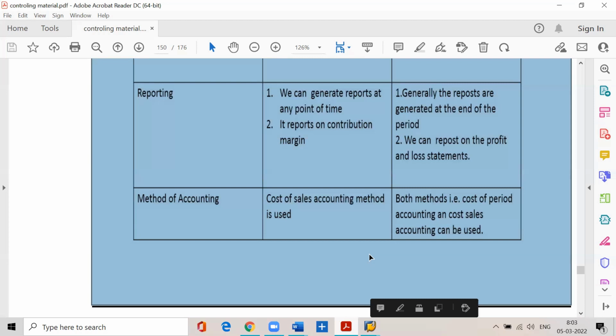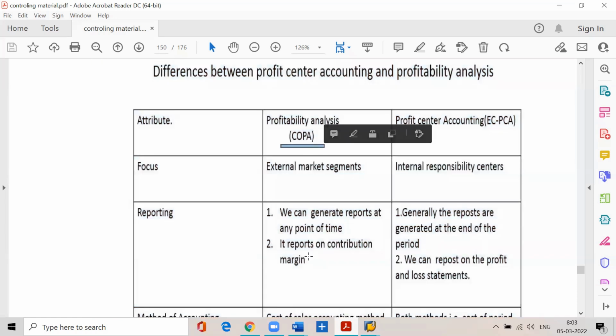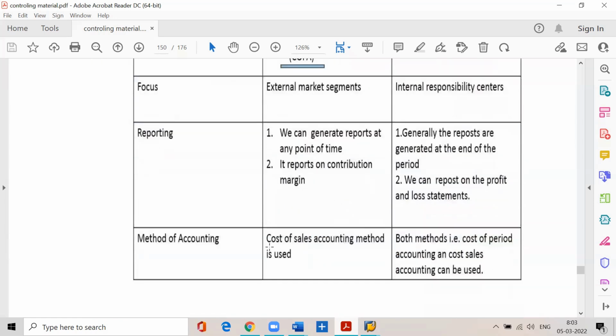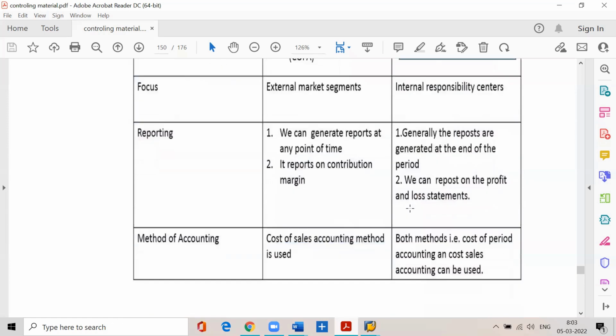That is the difference. In the case of COPA, we always follow the cost of sales accounting method. But in profit center accounting, we normally follow cost of period accounting, though technically we can also use cost of sales accounting.